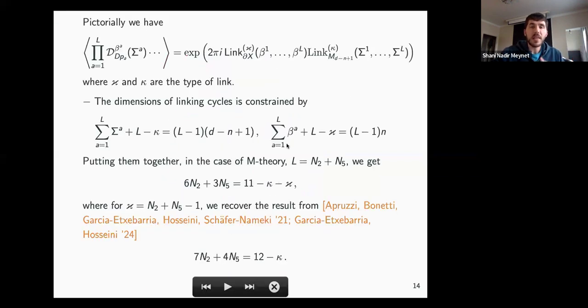So with this in mind, we can ask ourselves, if a brane acts on another brane via linking, what is the most general link that I can construct, given the previous equation that puts some constraint on said dimension? Putting all these together, we get the following formula, where N2 and N5 are the number of M2s and M5s participating in the link.